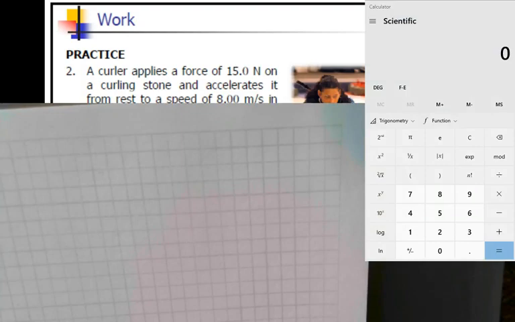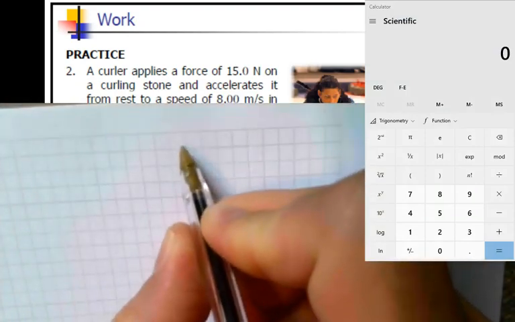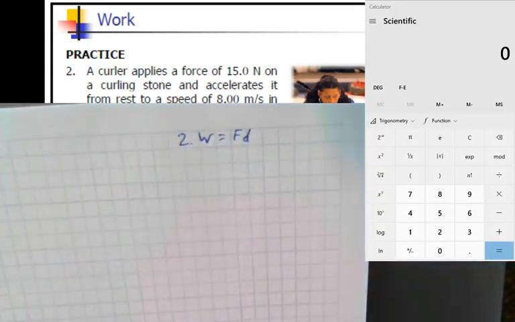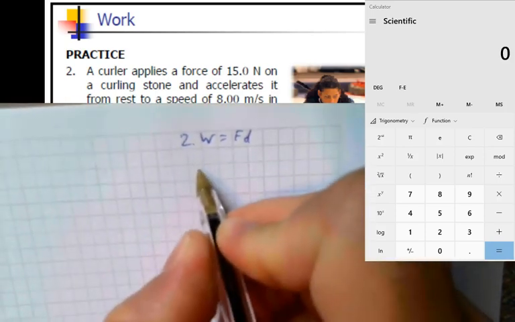Okay, so we know in this case work equals force times displacement, of course, but we don't know the displacement directly, although we have a VF, we have a T, and it says it accelerates from rest, so we know our VI is 0.